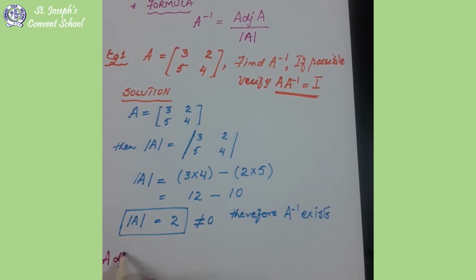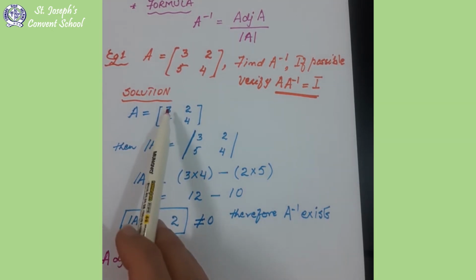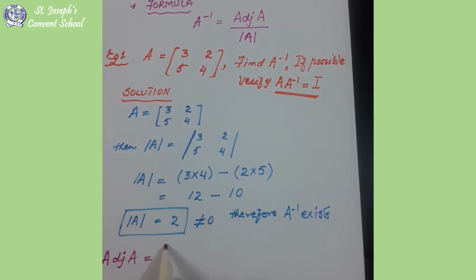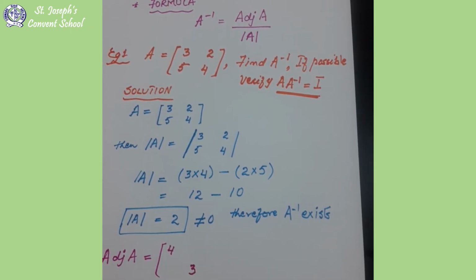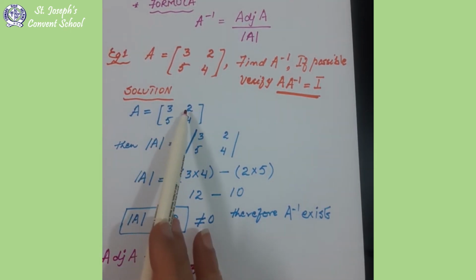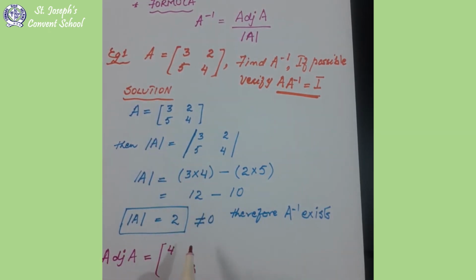So adjoint A is equal to, now the matrix is 3, 2, 5, 4. So exchange the place of first and last, 3 and 4. So 4 will come up and 3 will go in the end. And change the sign of second and third element. Plus 2 will change into minus 2, plus 5 will change into minus 5.